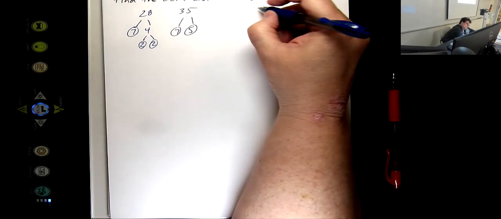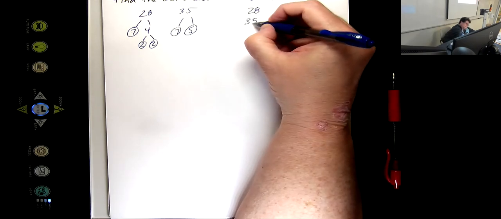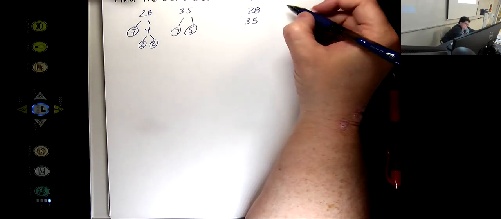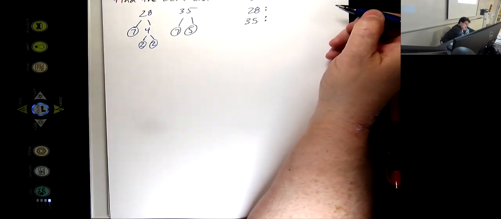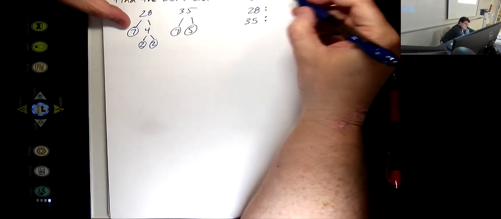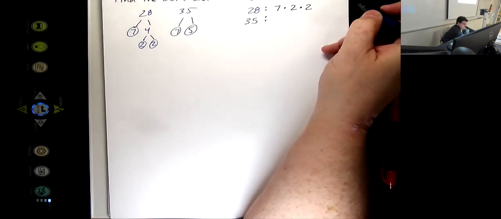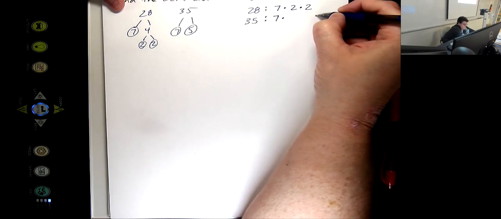So what I'm going to do is make my little table. It doesn't matter which one you start with, as long as you're consistent. 28 has 7 times 2 times 2. 35 has 7 times 5. Now I'll make a new column for 5s.